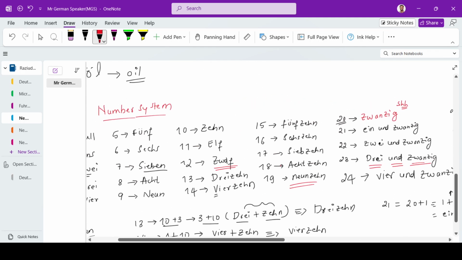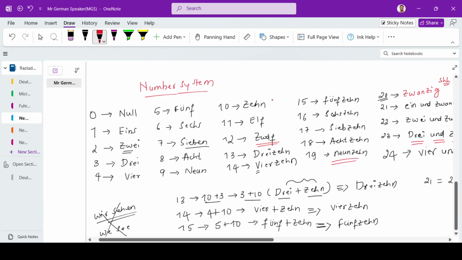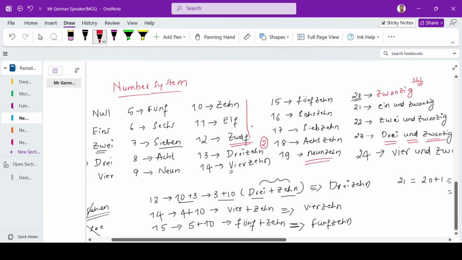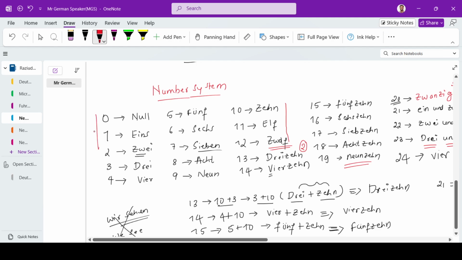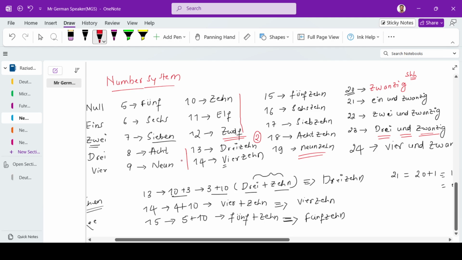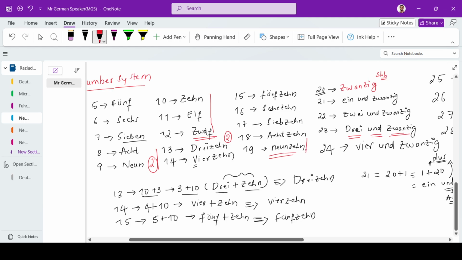So we have rule number one, or I would say trick number one, that starts for 0 until 12. This is trick number 1 until here. The trick number 2 starts from here and ends at this point, that is from 13, 14, 15. You see that's the same format.